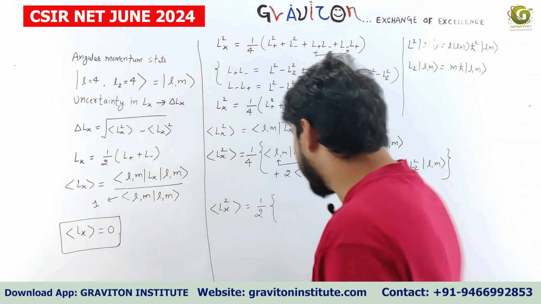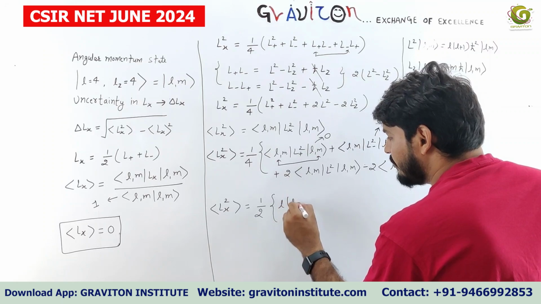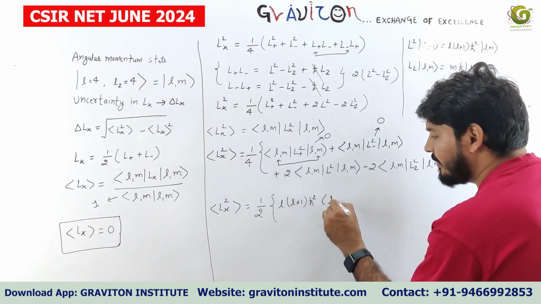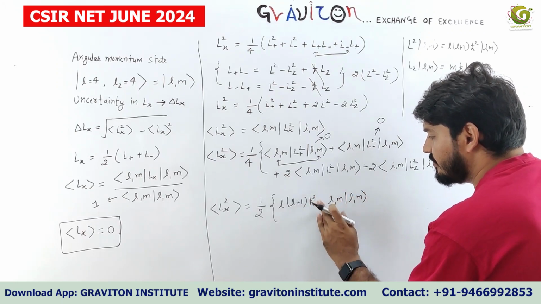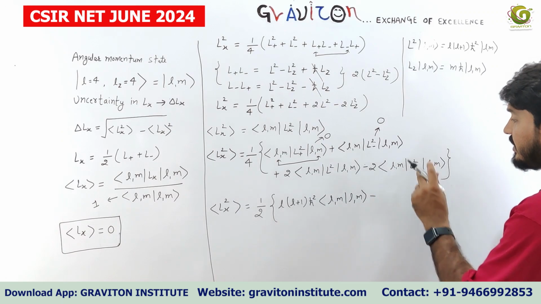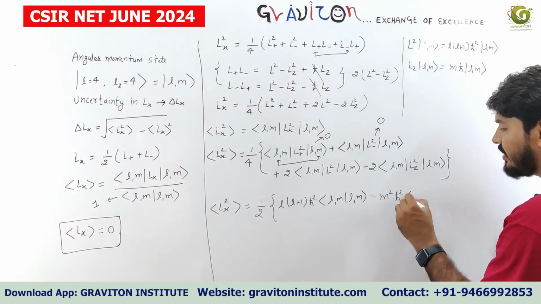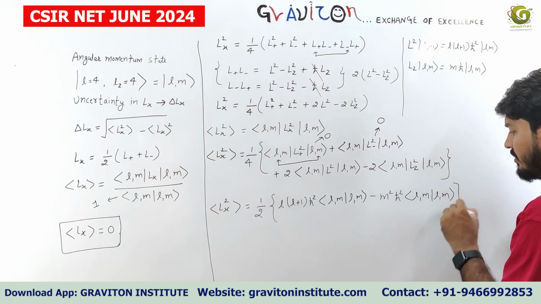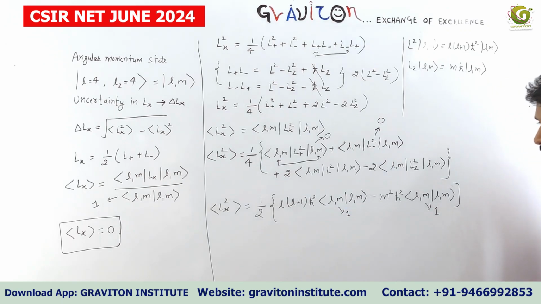Fine. So I can directly write down this one, that this term will be L(L+1)ħ². यहाँ क्या आएगा? ⟨Lm|Lm⟩. Similarly, minus this term is Lz², so this is m²ħ² ⟨Lm|Lm⟩. This is 1. This is 1.